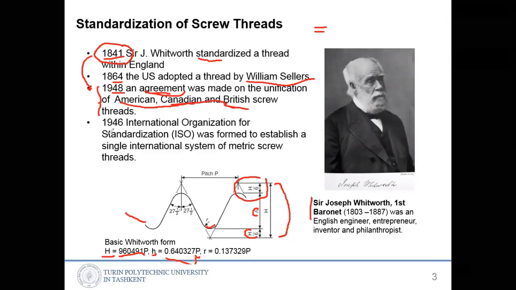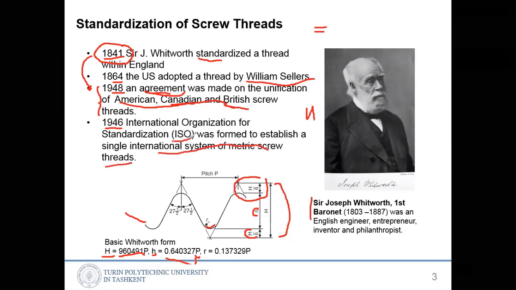Then there were two things. One is the UK, America, England standard, and a different standard was in 1964. Again, after World War II, there was the International Organization for Standardization, which established the international system of metric screw threads.